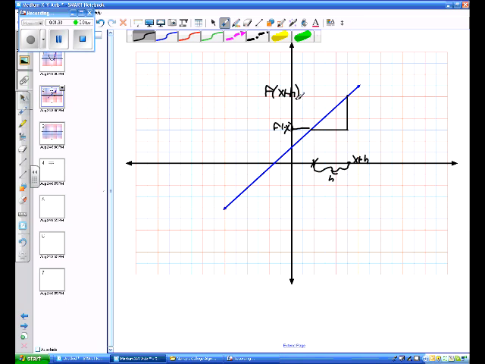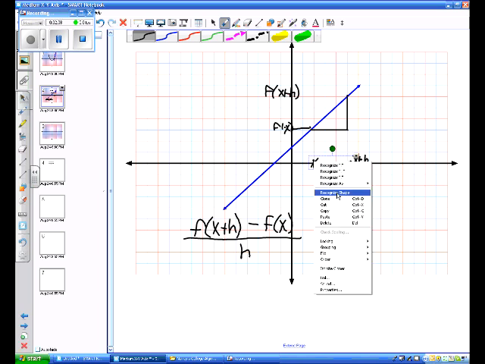Now, when you go back and look at our difference quotient, we're saying it's f of x plus h minus f of x. Well, that's this y value minus this y value, divided by h. Well, h is the difference between this x value and this x value.